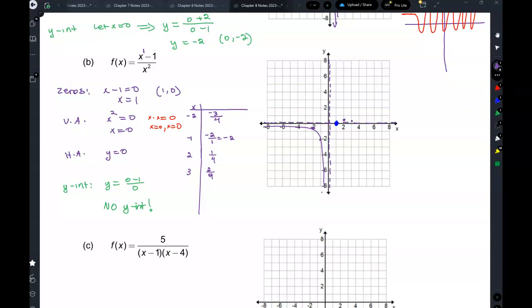And when I plug in 4, I get 3/16, which is even smaller. Take a look at how this looks: it goes up a little bit, and then it curves back down. Isn't that cool? Would you ever have guessed that you would be able to graph that without a calculator? How cool is that?